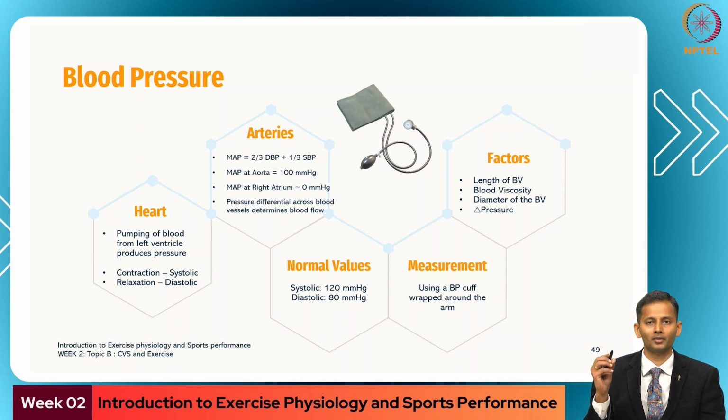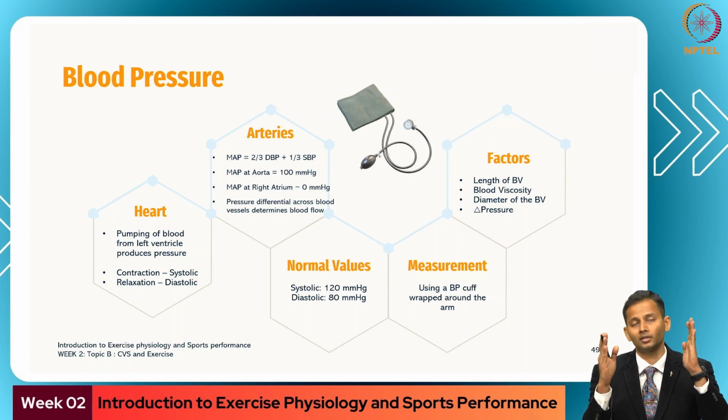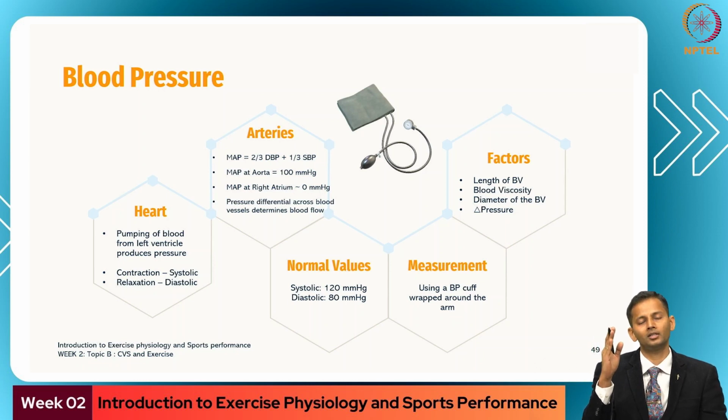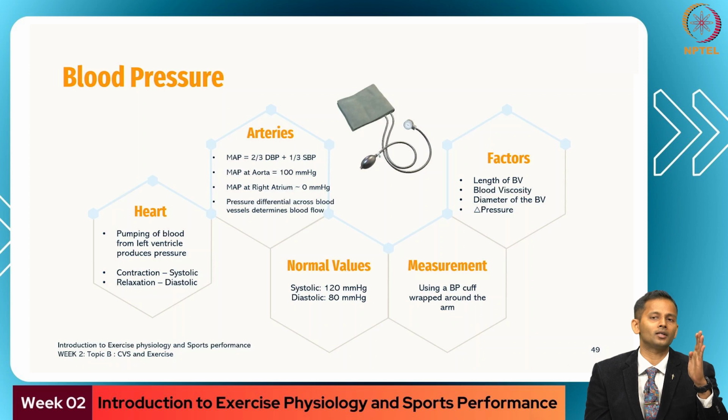So from the left side of the heart at the aorta to the right side of the heart at the level of the right atrium, there is a pressure differential across the body, and that is one of the reasons that helps in better blood flow and transport of various substances through the blood. That's important about blood pressure, and it is given by delta P.